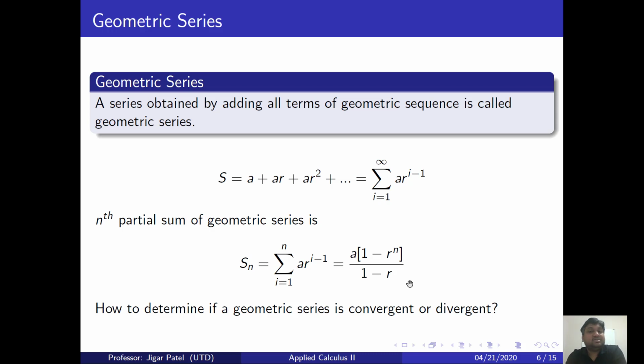Okay, now here is the genuine question: how do we know if a geometric series converges or diverges? Again, when I say convergent or divergent, it is clear: when can I add infinitely many terms and the result is a finite number, and when can infinite addition result in infinity or negative infinity. Right? So this is the question that we would like to address.